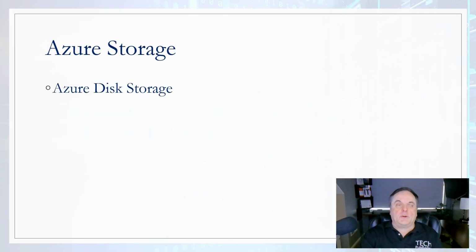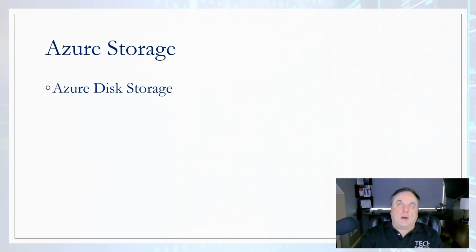Another type of storage is going to be Azure Disk Storage, and this is what we refer to as block-level storage. It's very similar to traditional disk drives. Azure disks are available in standard hard disk drives, standard SSD, as well as premium SSD, and Ultra Disk. Now, the standard HDD or hard disk drive is the most cost-efficient, but is also going to be the slowest.